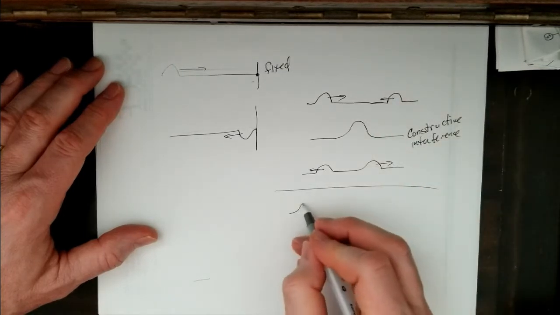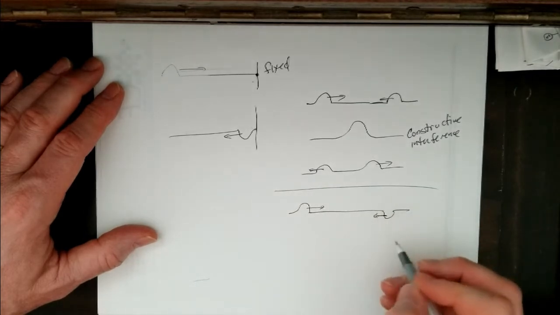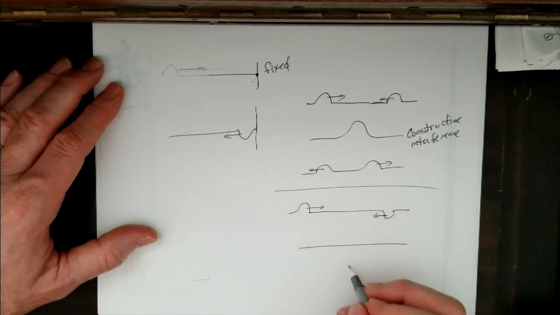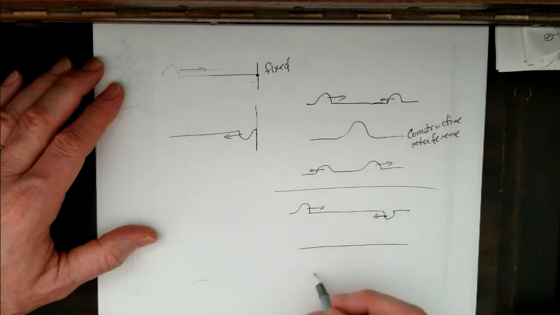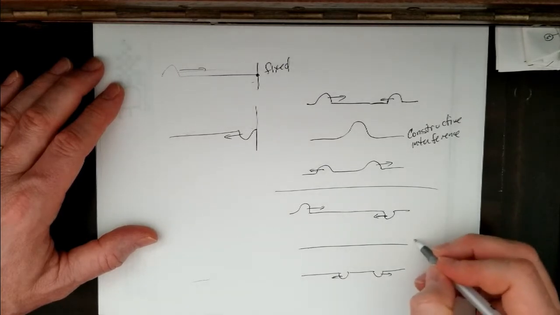And if one were going that way and the other were inverted, going that way, when they meet, it would flatline, and then they would pass through each other. And this is destructive interference.